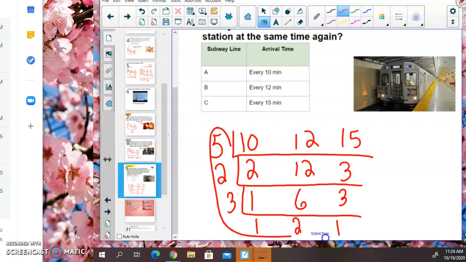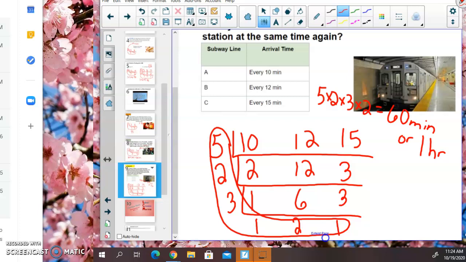So right here is where I would go to find my least common multiple. 5 times 2 times 3 times 2 gives me the least common multiple of 60. So in 60 minutes, all 3 of the trains will arrive together again. So it would be 60 minutes, or you could say 1 hour, before all trains will arrive at the same time again.